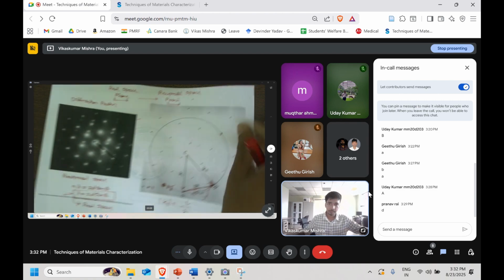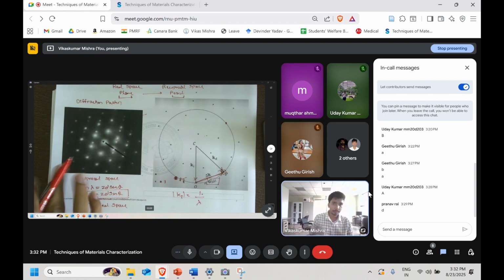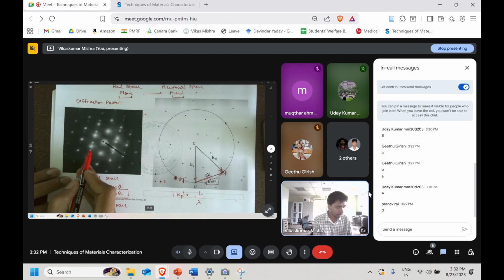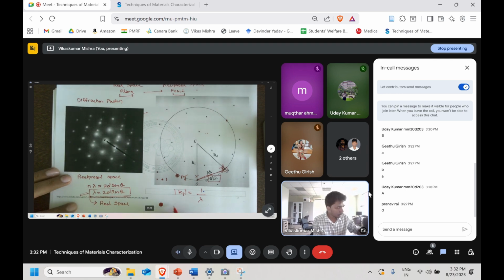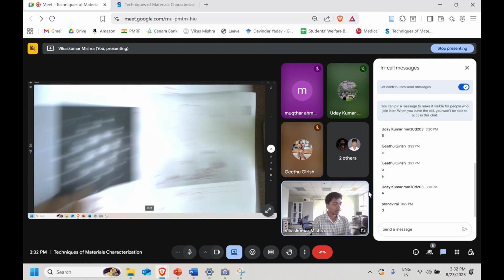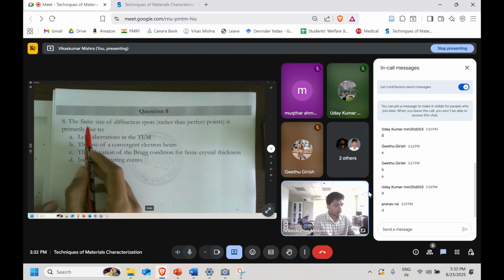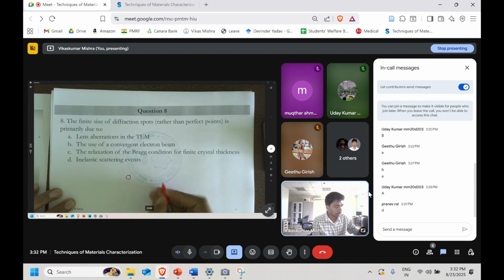Yeah, over here. See this particular diffraction spot, it's more or less this much size. Instead of being a perfect dot, if diffraction is happening, it should occur at a particular d spacing, a particular theta where Bragg's law is satisfied. But we are getting a finite size instead of a point.